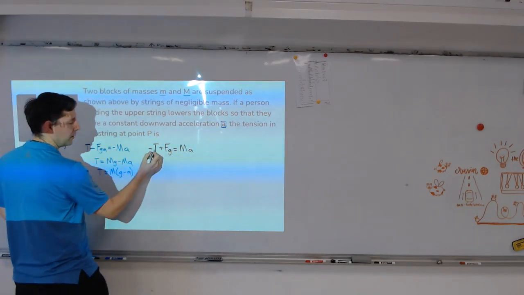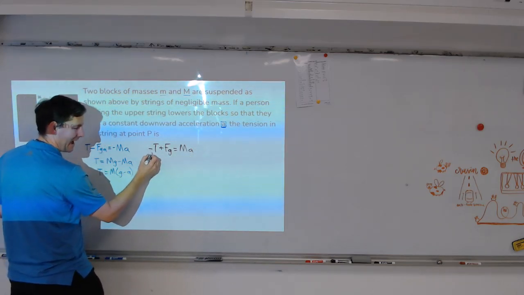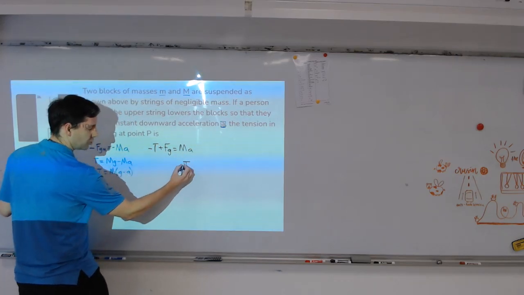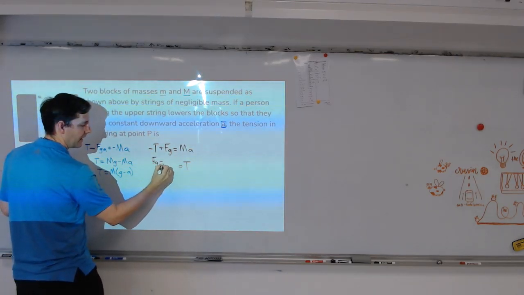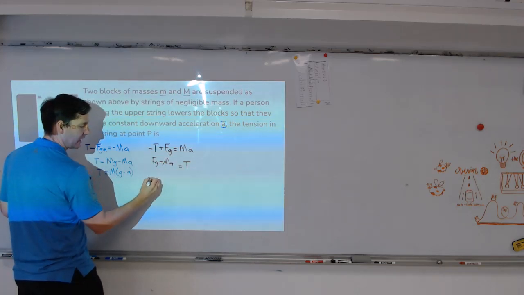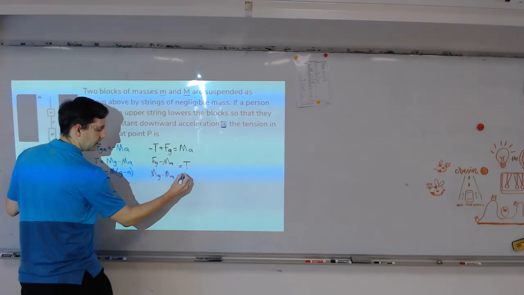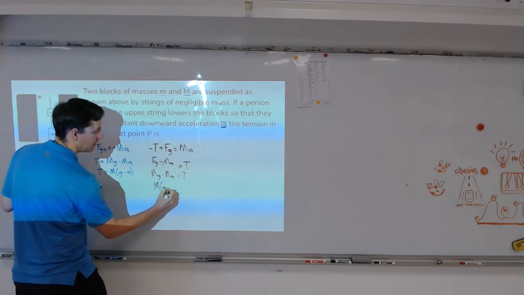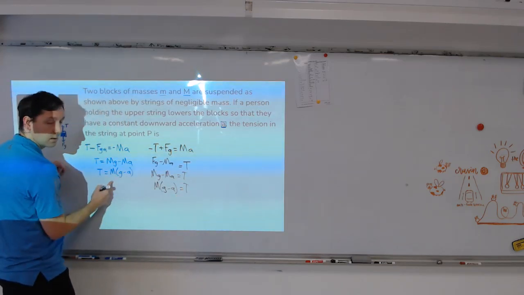Again, we would want to move the tension over and move the ma over, so I'm going to add tension to the other side, so that'll give me T here. I'm going to subtract ma to the other side, so I'm going to have Fg minus ma, and of course Fg is still mg minus ma equals T, and we end up getting, see, the same thing no matter how we do it.